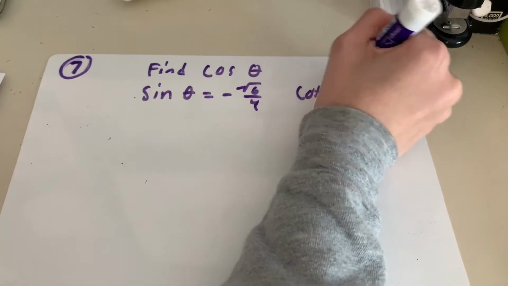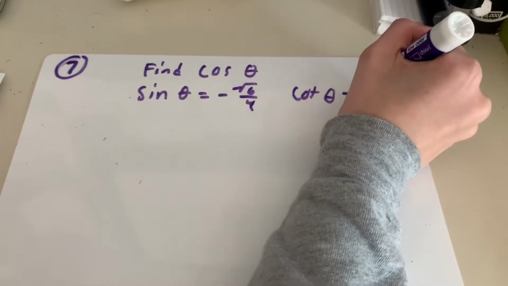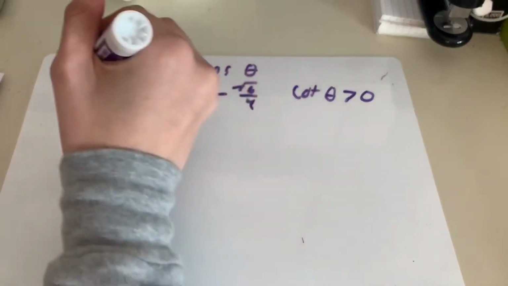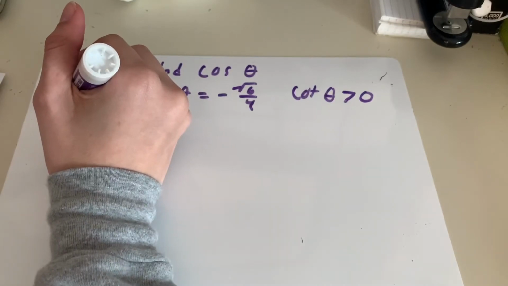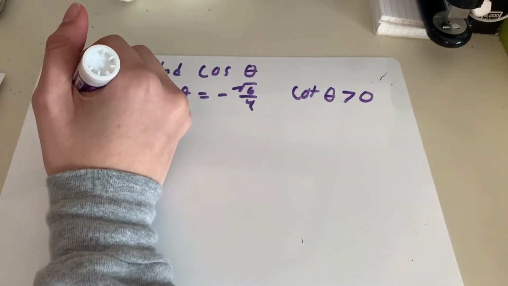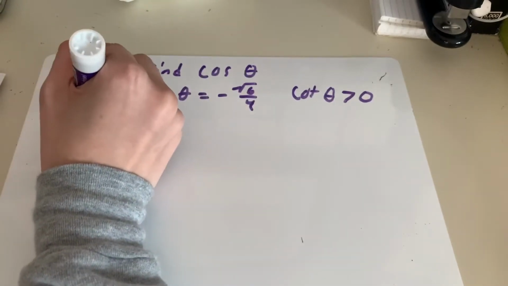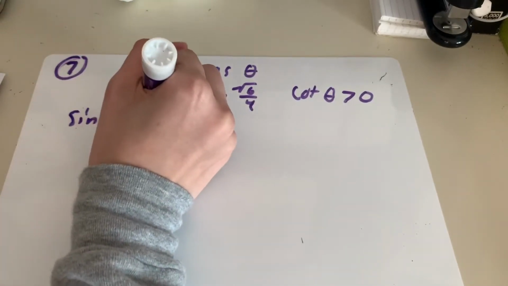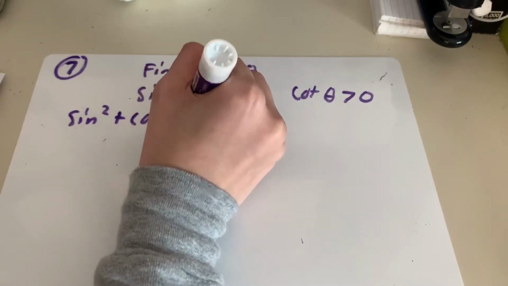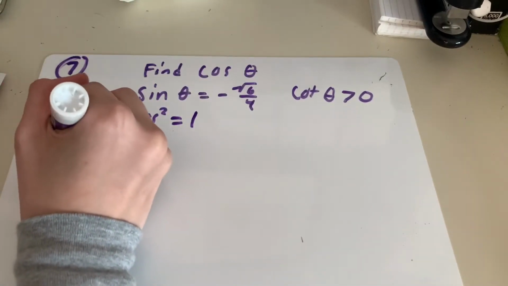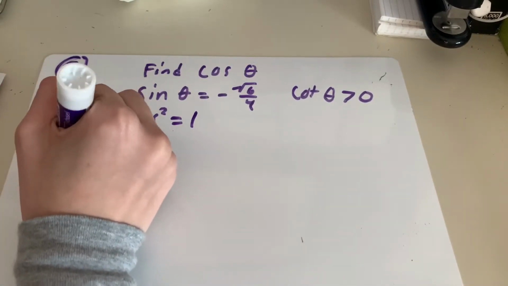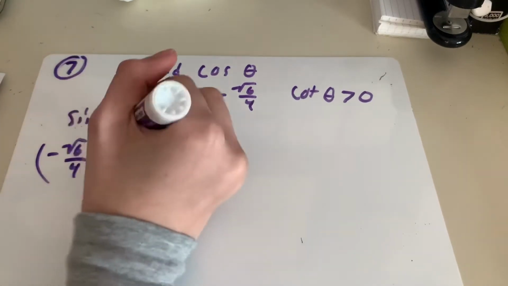They want us to use the Pythagorean identities, so I take sine squared plus cos squared equals 1. And I substitute with sine, which is negative radical 6 over 4.